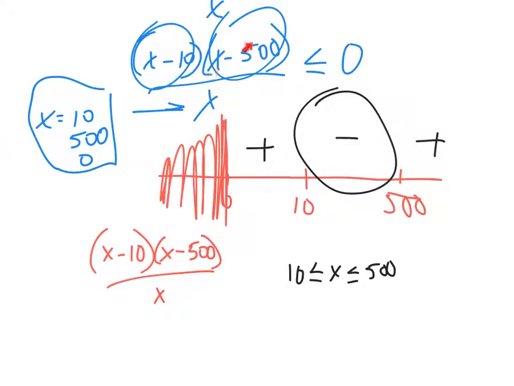And since it makes this less than or equal to 0 between 10 and 500, then it also makes this less than or equal to the $590. So that's why I'm picking numbers here. If I pick numbers here, it'd be greater than the 590. If I pick numbers here, it would also be greater than the 590. So that's why we picked this. So there is my answer. All right, so that's it for 6.6.